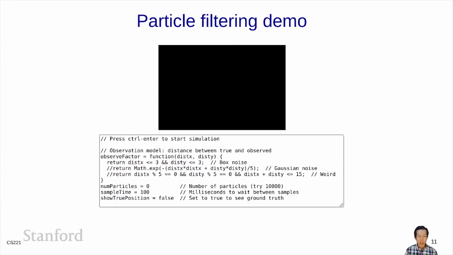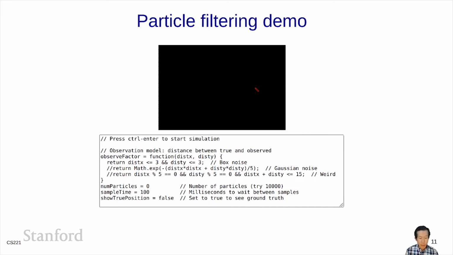So now let's visualize particle filtering in a more realistic, interactive object tracking setting. Here we have a grid, and we have an object that's going to be moving in this grid, where we're trying to determine its location. So the HMM is going to have a transition distribution that places a uniform distribution over moving north, south, east, west, or staying put.